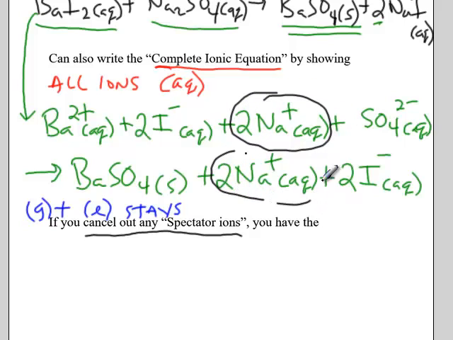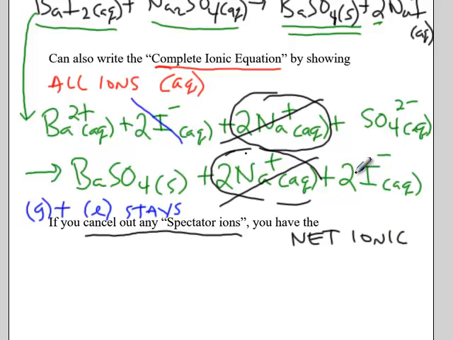And on the product side, we also have two sodium cations. So those are not participating in any chemical changes, those are spectators. We can cancel those out when we write the net ionic equation. We also have a spectator, two iodides on the left, cancel two iodides on the right.